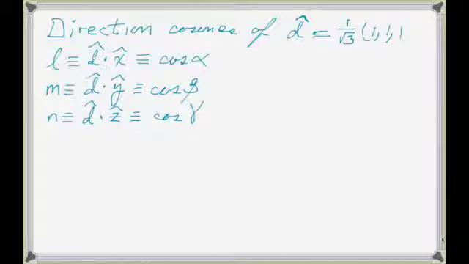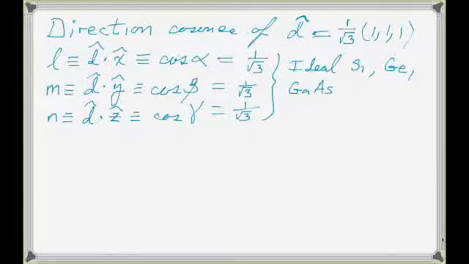And so for ideal silicon, germanium, gallium arsenide, any of those, all of these are the same thing, and they're just 1 over root 3, 1 over root 3, and 1 over root 3, for any of the diamond or zinc blende lattices.